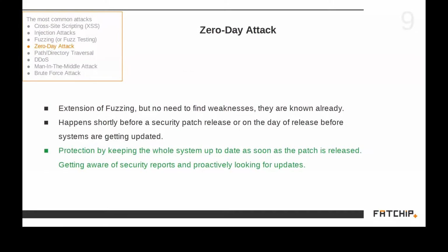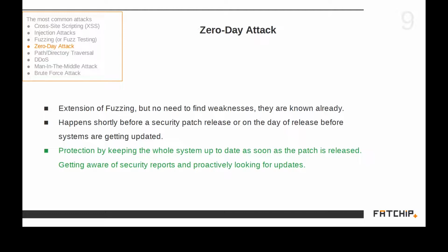The zero-day attack is kind of a bit like the fuzzing attack, with the difference that the attacker doesn't need to find the weakness. He knows it already. This happens usually when there is a security patch going to be released. There are two scenarios. Either it happens before the release, and the attacker already knew the breach, the weakness that will be corrected, and is quickly attacking all the targets before the patch release.